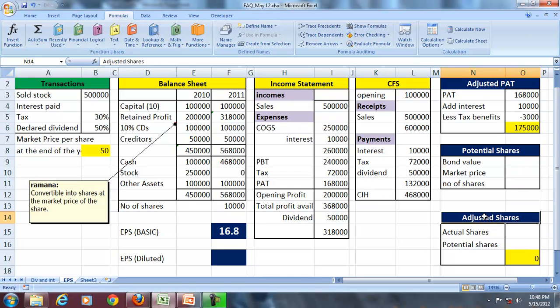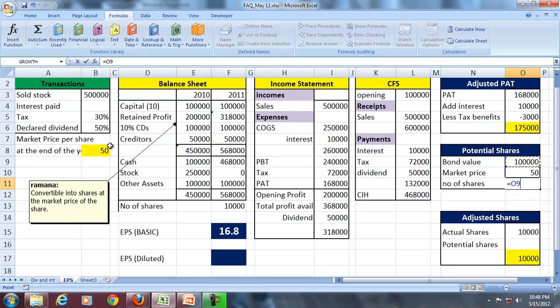The adjusted shares are the actual number of shares, which we already calculated previously, plus the potential shares. But the potential shares depend on the process of conversion, and the conversion is given as at the market price, and the market price of the share is given as 50.